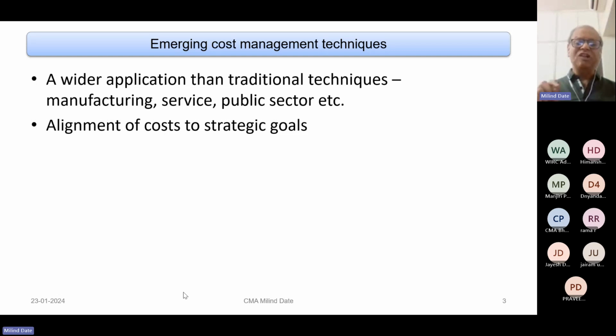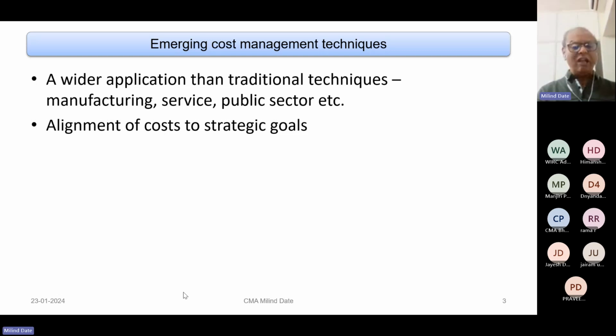So these techniques have not only limited use in improving operational efficiency of the organization, but also help us in terms of achievement of long-term strategic goals of any organization, not necessarily restricted to manufacturing.